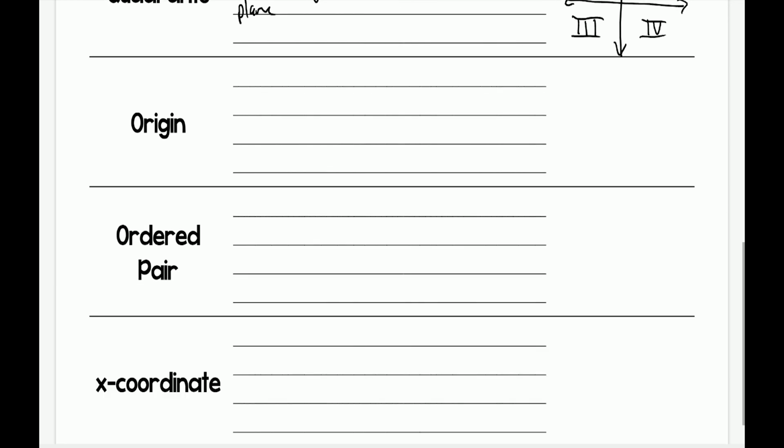Okay. Next definition is origin. The origin is the point at which the x and y-axis intersect on the coordinate plane.